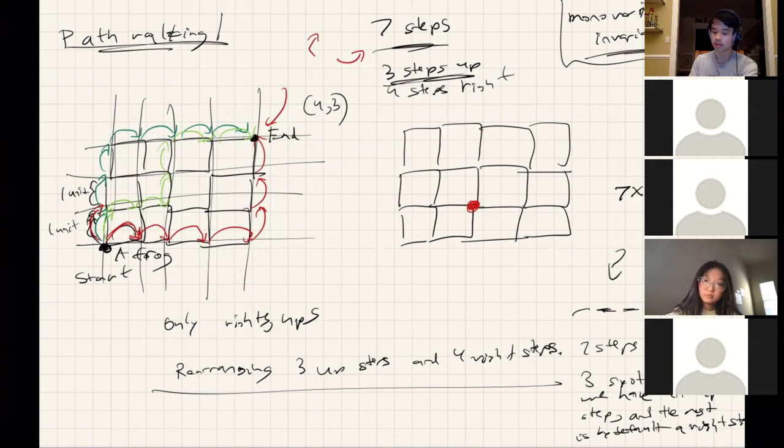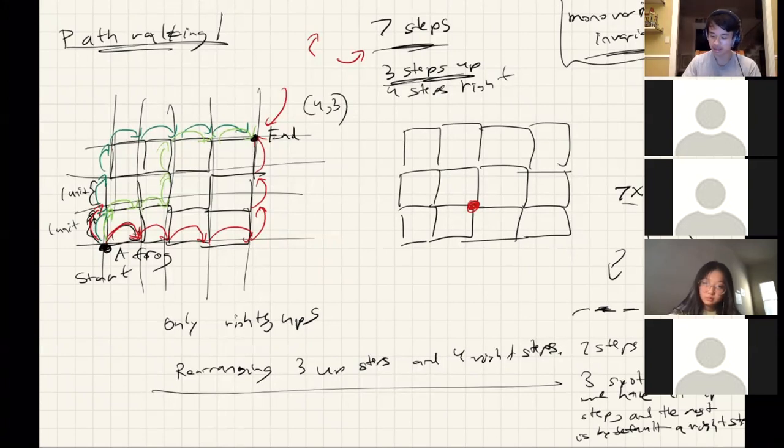right? We first place the first up step, then we place the second up step, then we place the third up step, right? But then we also have to divide by 6 because the order in which these up steps are placed does not matter.